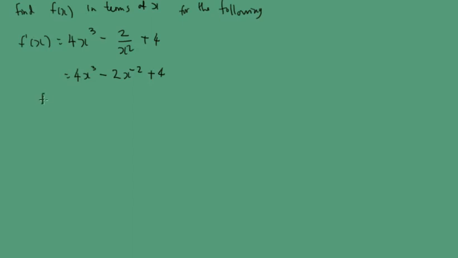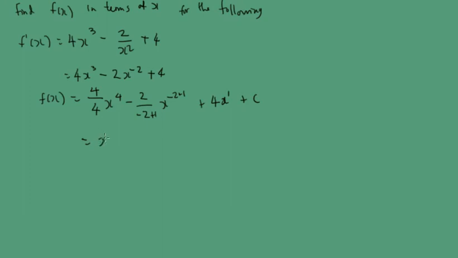Then f of x is going to be 4 over, now 3 plus 1 is 4, x to the 4 minus 2 over minus 2 plus 1, x to the minus 2 plus 1 plus 4, x to the 1 plus c.